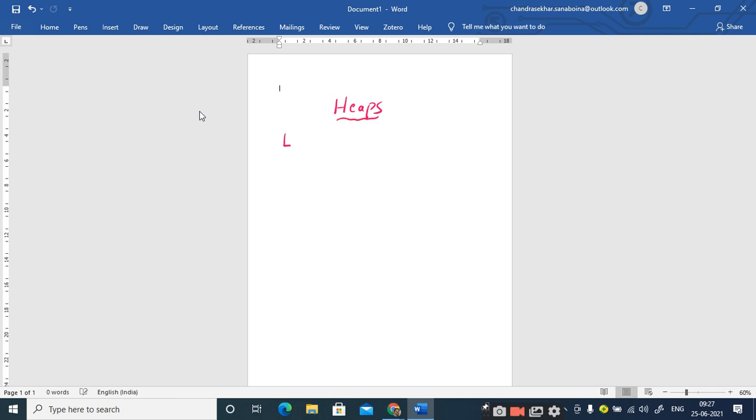In this we'll discuss what a heap is, the definition of a heap, and what applications of heaps we have, and similarly we'll discuss various operations like the construction of the heap. After discussing the definition, we'll also discuss the various types of heaps we have. So these are the major topics which I'm going to cover in this session.